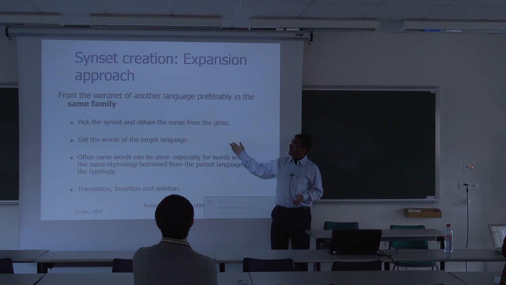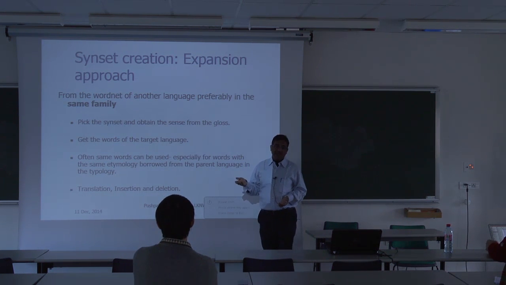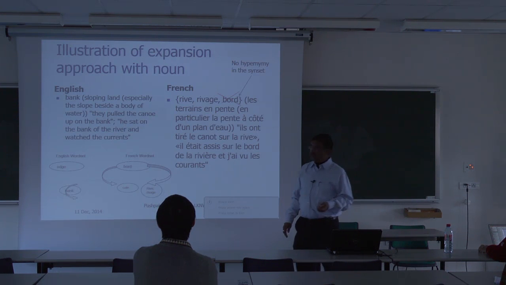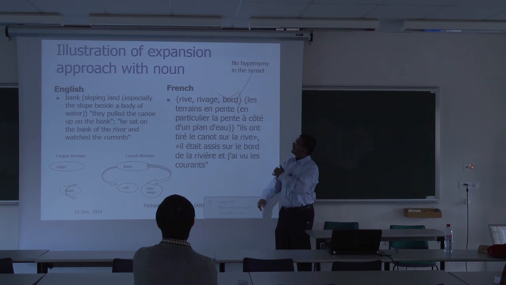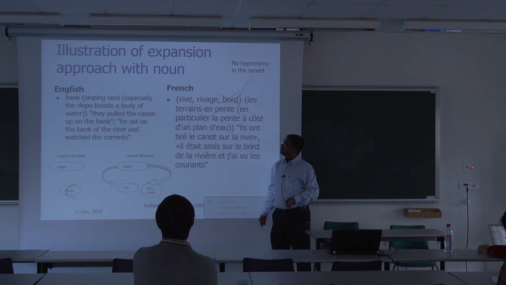If two languages have descended from the same parent, many times they share words, but the words might have shifted their nuances as time goes. Now, I illustrate this expansion approach through an English-French example. Hopefully, the French example is correct, and I also show what should not be inserted in the French synset.